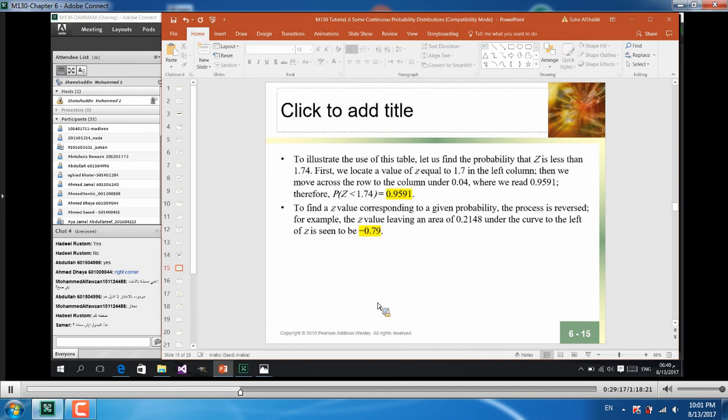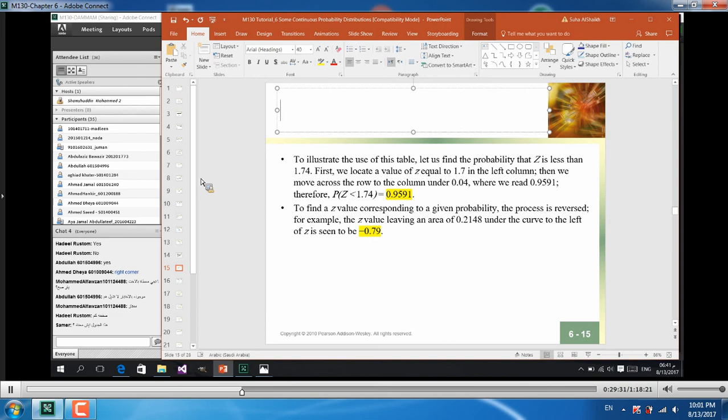Let's see an example here. To illustrate the use of the table, let us find the probability of Z less than 1.74. So I'm looking for a probability of Z less than 1.74.